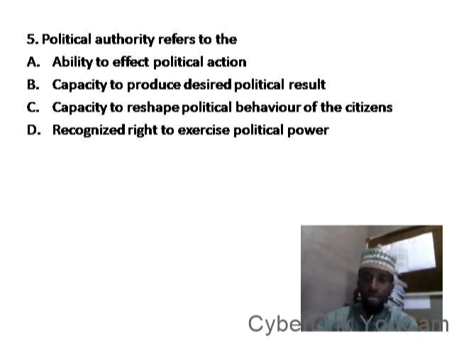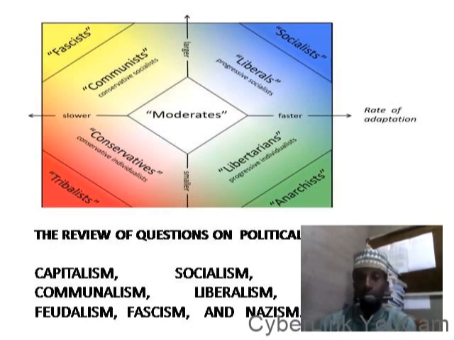We are proceeding to the next one quickly, which is political ideologies. Political ideologies are the political beliefs that define the political and social concept of a society. Under it, we have concepts like capitalism, socialism, communism, liberalism.